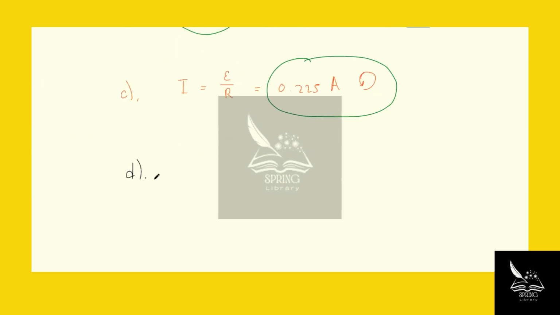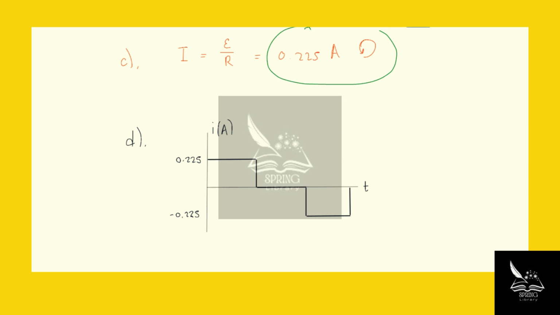Now finally for D, we want to draw a sketch of the current versus time, which looks as follows. So here we have a sketch of the current versus time, and if we take the clockwise currents to be positive, at t equal to 0, the loop is entering the field.